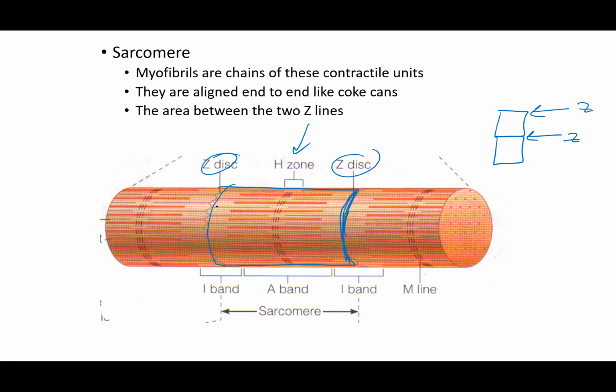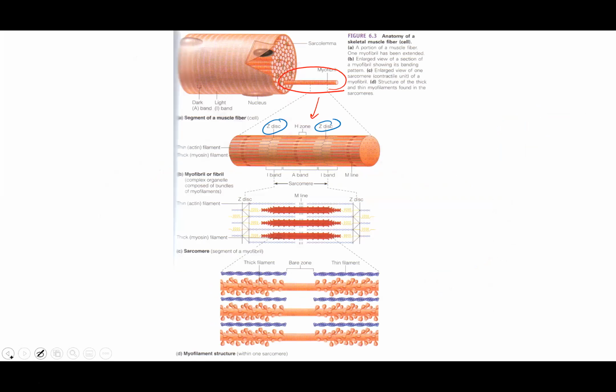And then within that boundary, you find the contractile units, the actin and the myosin. The actin is the thin filament, and the myosin is the thick filament.